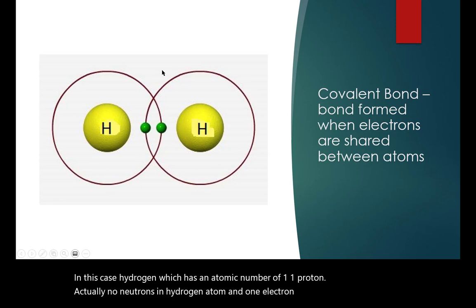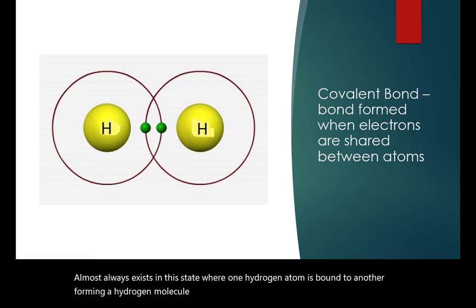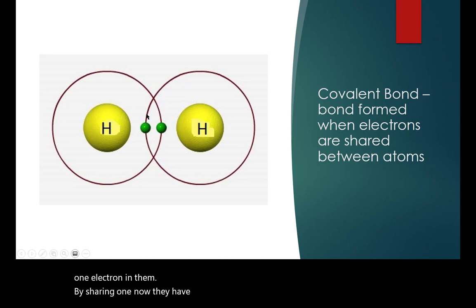Atmospheric hydrogen almost always exists in this state, where one hydrogen atom is bound to another, forming a hydrogen molecule, or molecular hydrogen. So each of these shells has 1 electron in them. By sharing 1, now they have 2. That's a stable valence shell.